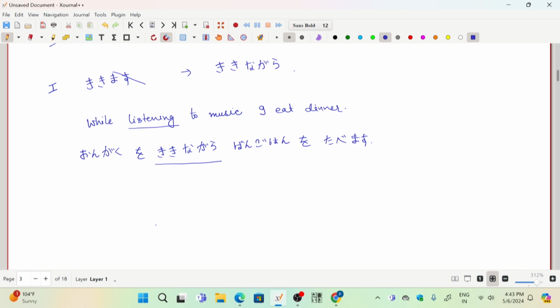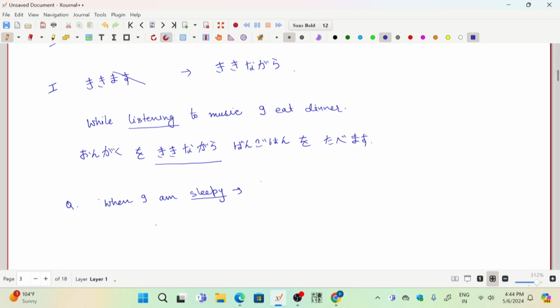Next, we can make a question. When you feel sleepy, what do you do? While driving, when you feel sleepy, what do you do? So you can answer, when I feel sleepy, while chewing some gum, I drive. Then you can say, when I am sleepy.